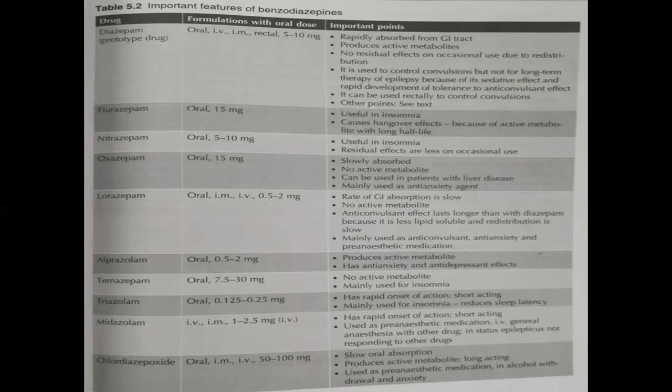It is rapidly absorbed by the GI tract, produces active metabolites, and has no residual effects on occasional use due to redistribution. It is used to control convulsion but not for long-term therapy of epilepsy because of its sedative effect and rapid development of tolerance to the anticonvulsant effect.